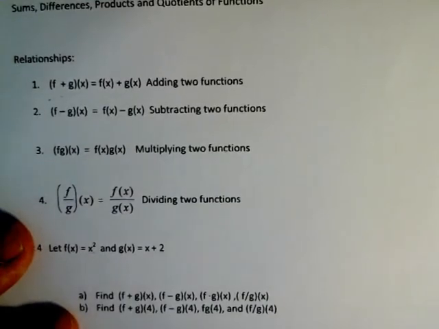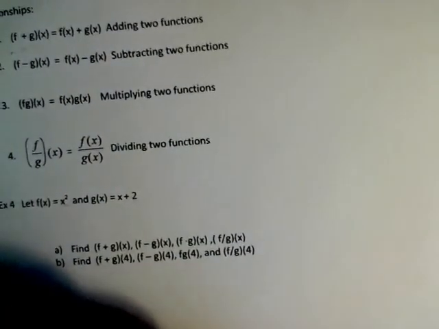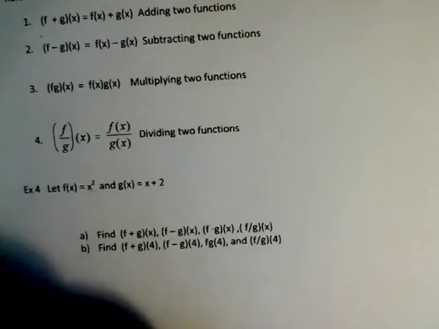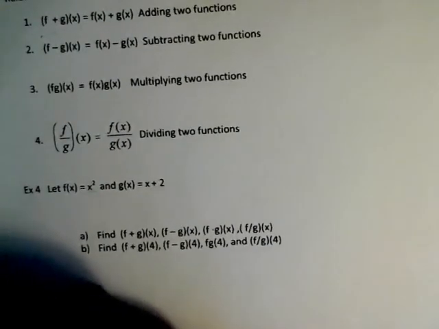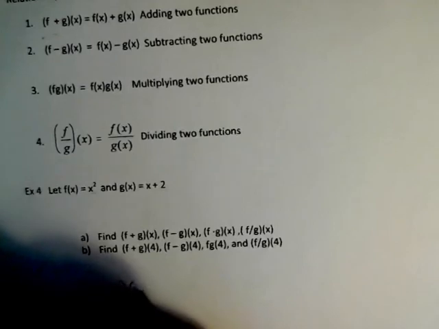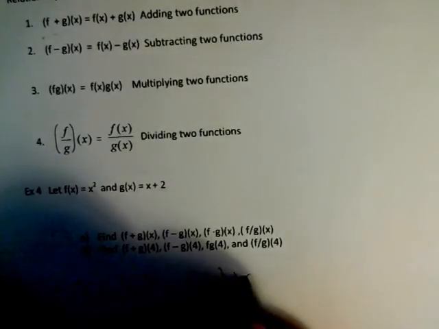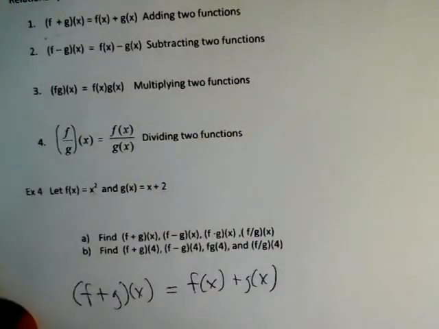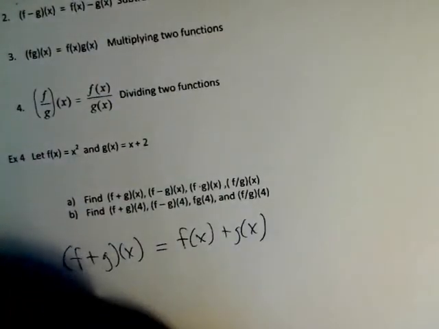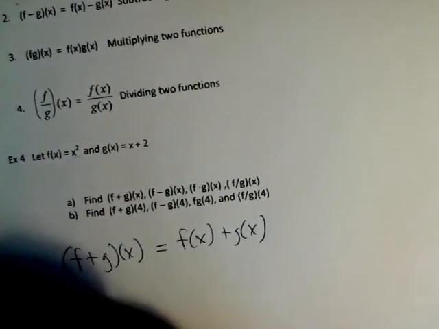So let's look at a few of these. For part A, if I wanted to take f plus g of x, I know that is f of x plus g of x.